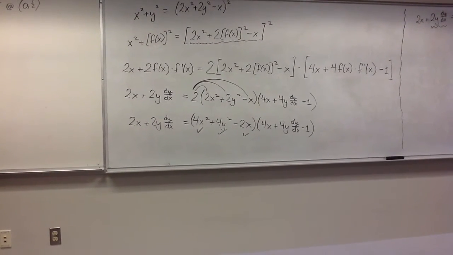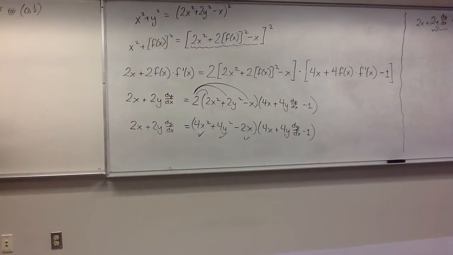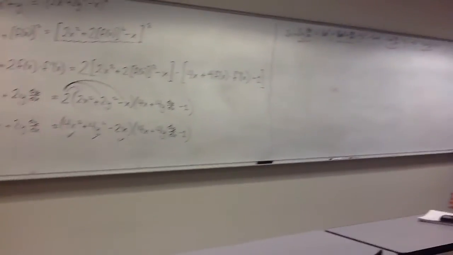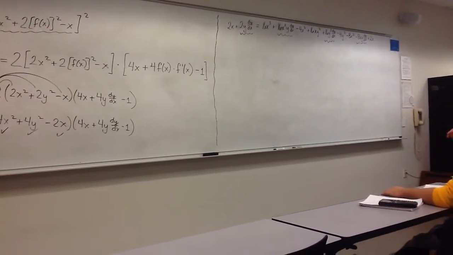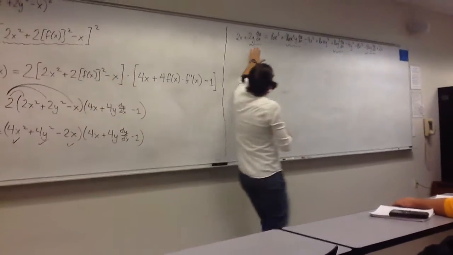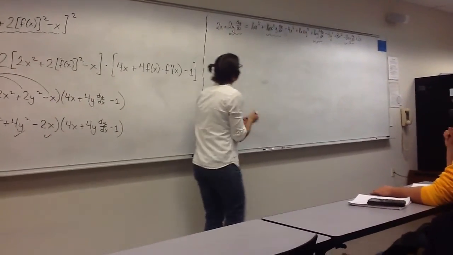Good. Okay, so here we go. Our algebra is exploded as far as it's going to go. We're going to regroup now. Move everything involving dy dx's to the left side.